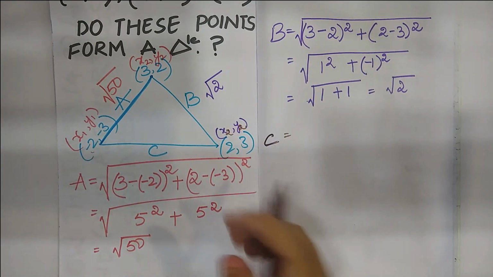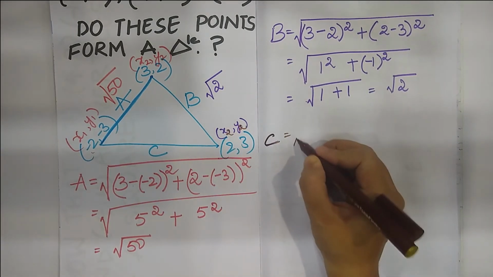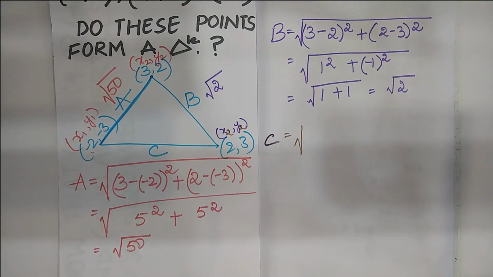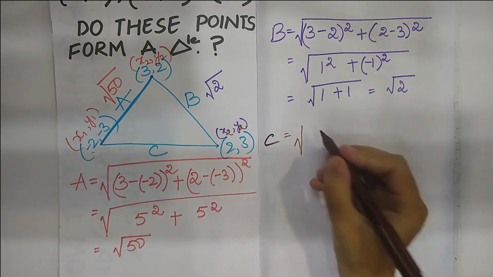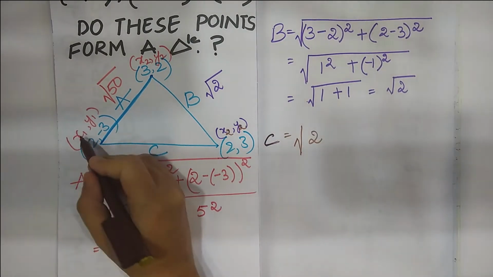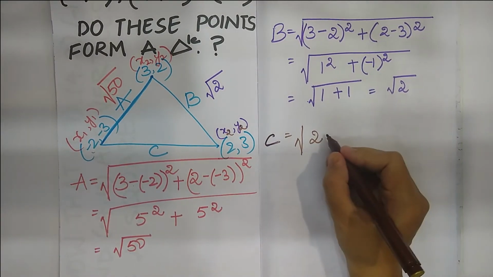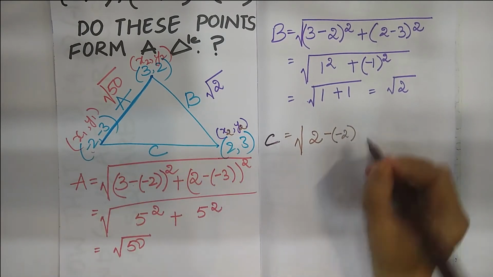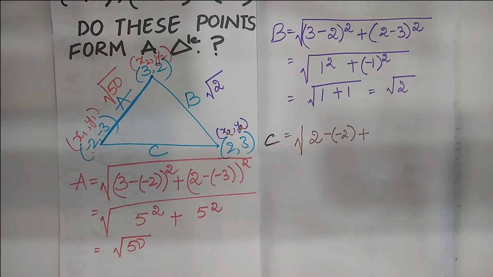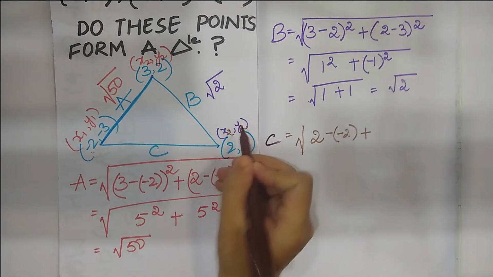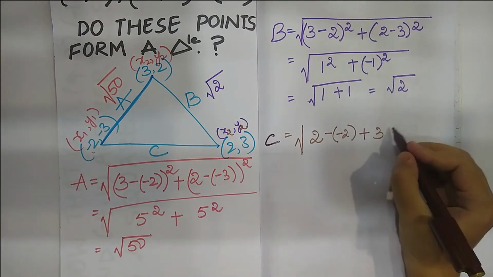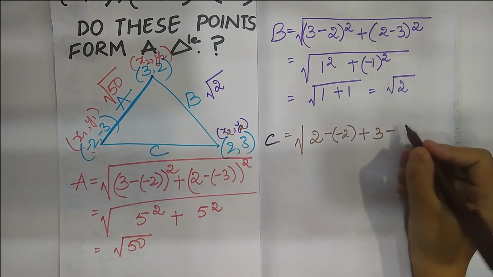Depends upon you. So C is equal to square root of, we've chosen 2 to be x2. So x2 minus x1. x2 is 2. x1 is minus 2. So we'll have to be careful. The formula 2 minus of x1 which is minus 2. Further the formula plus y2 minus y1. So y2 is 3 minus y1 is minus 3.